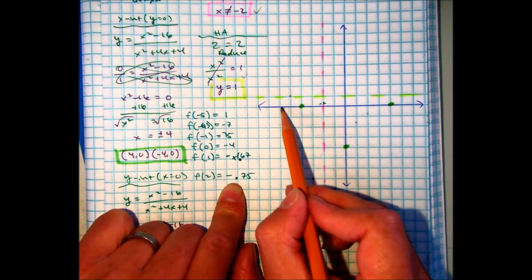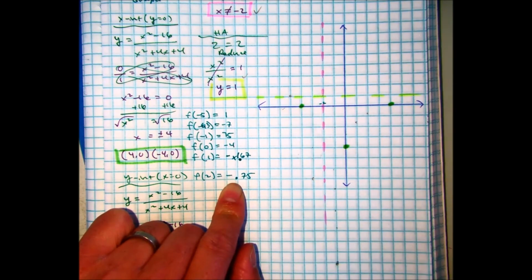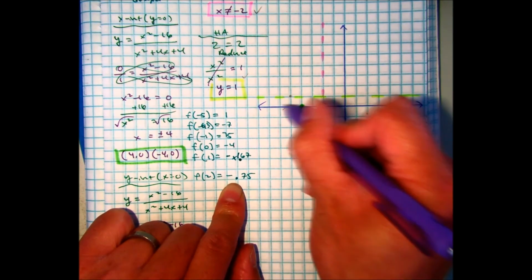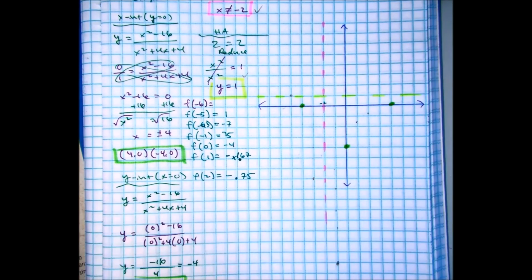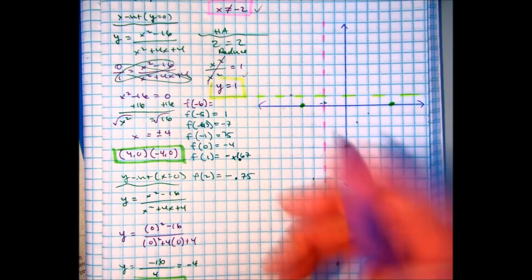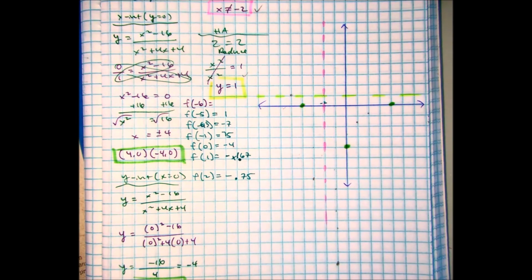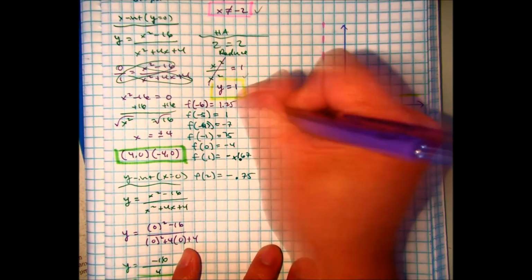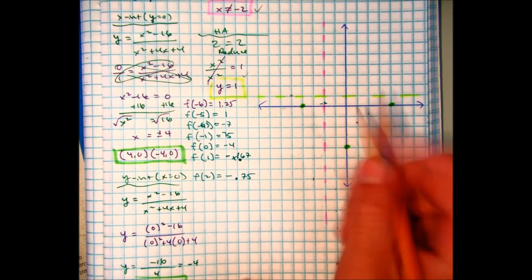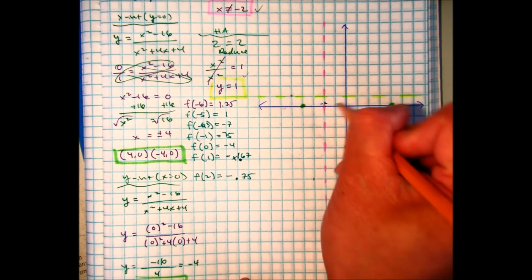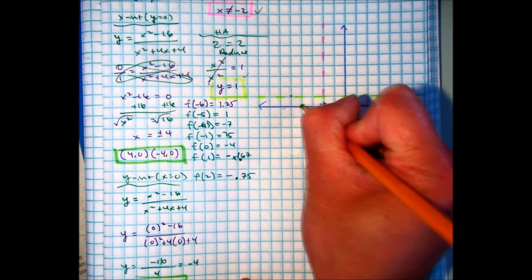What happened if you guys put in -2, 4, 6? Mariana, what'd you get? 1.25. Hmm.